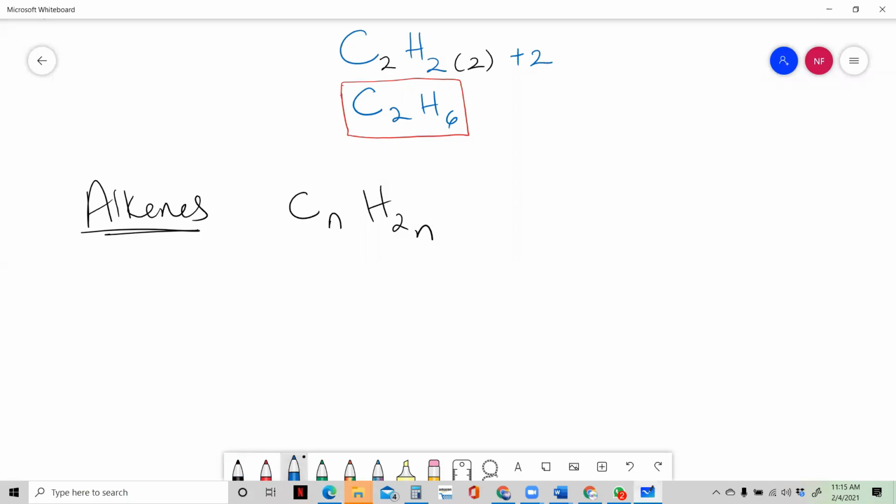Now, just a disclaimer, alkenes don't have any METH, no meth, right?